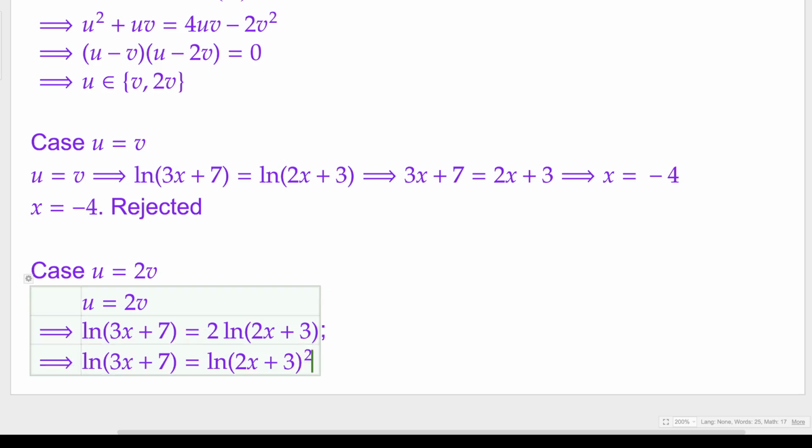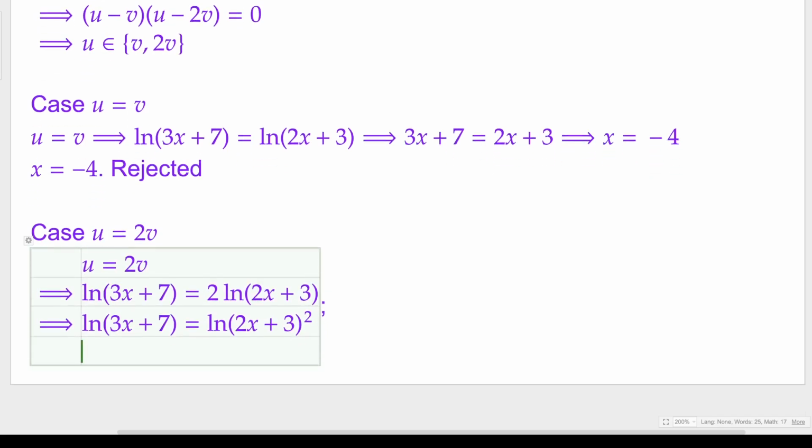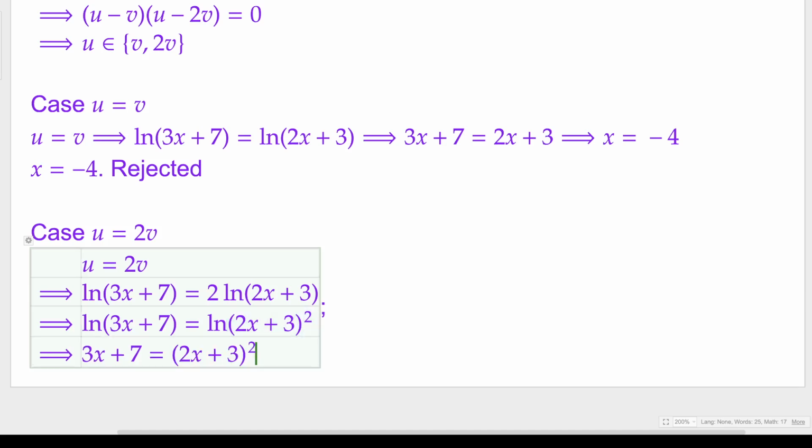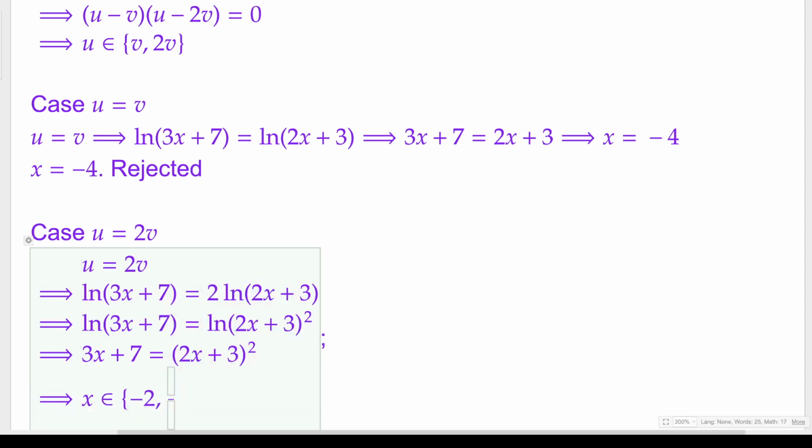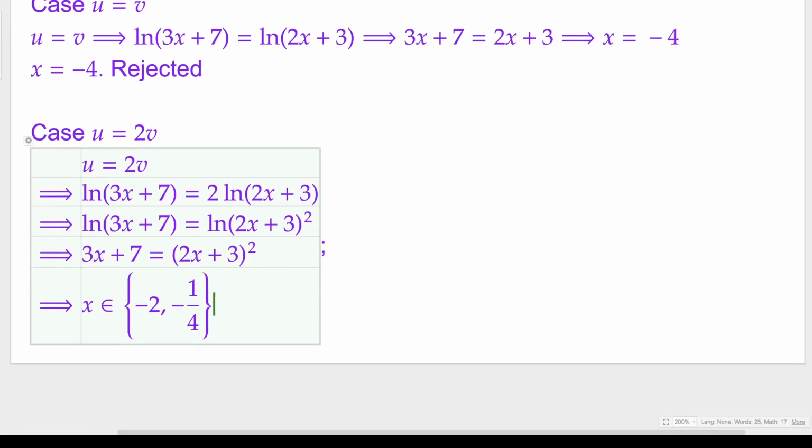Now on comparison, we can write this one as 3x plus 7 is equal to 2x plus 3 whole square, right. So now on resolving this quadratic equation, x will belong to, one root will be negative 2 and the other root will be minus 1/4.